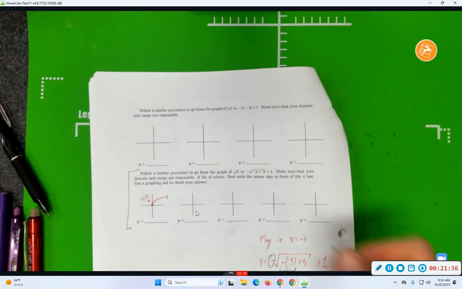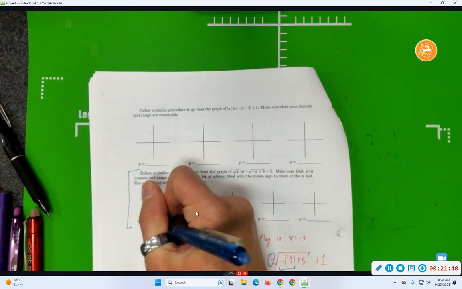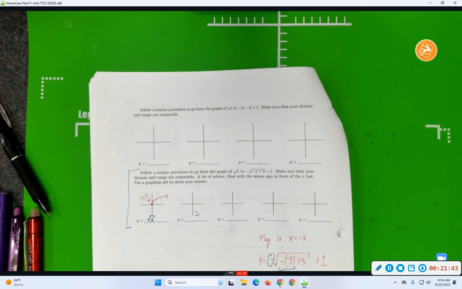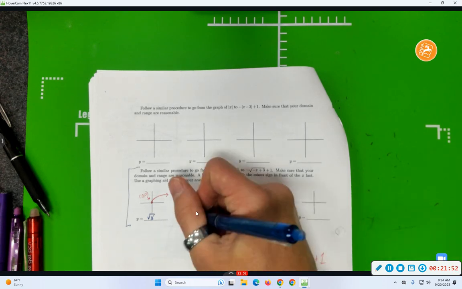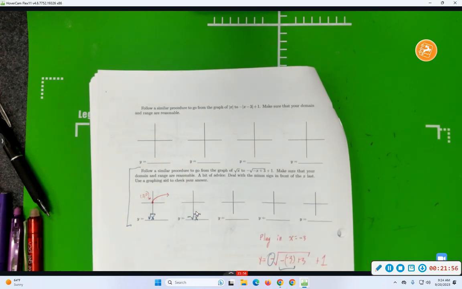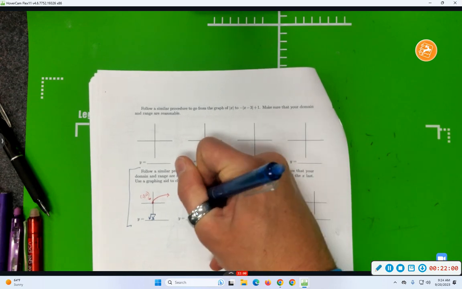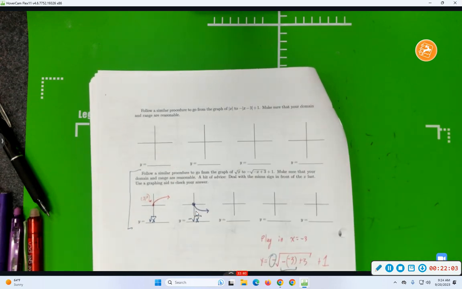So, let's see. We started with y equals root x. What was the first move that you did? Think about negative root x. What does that do to the graph? Yeah. Right, it's easier to describe with a hand motion. And if you do that, I know that you know what you mean. What next?